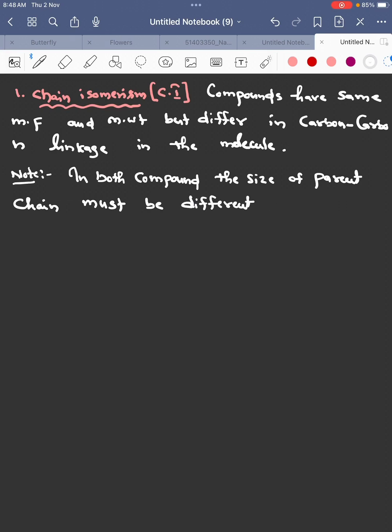Generally in isomerism, there is a comparison between two molecules. So in both, meaning the two compounds, the size of the parent chain must be different. That is the first one.